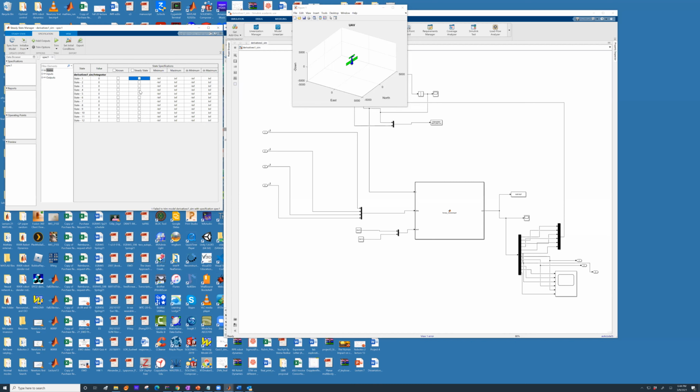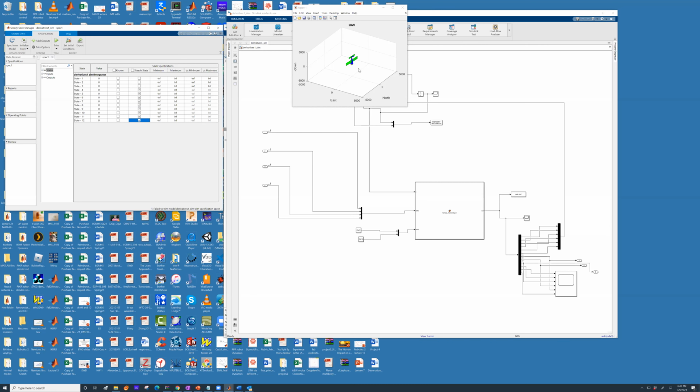Go back to the slide or the notes I wrote: U dot, V dot, W dot, theta, psi, phi dot, P dot, Q dot, R dot, all have to be 0.